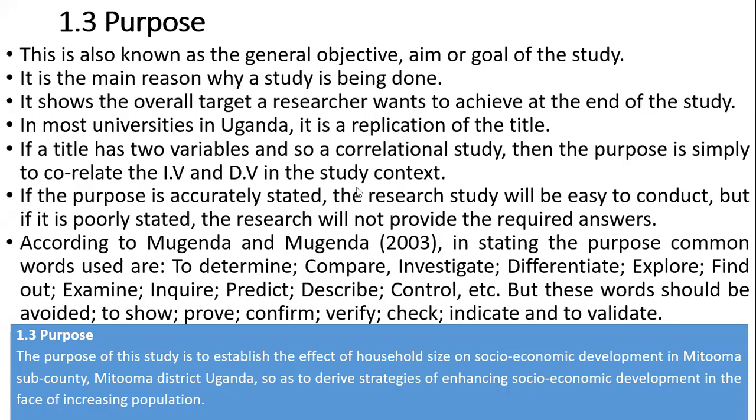In other words, if you have an accurate end in mind, a clear end you want to come up with, you find the study easy because you know where you want to go, where you want to reach. But if you are not very clear of what you want to come up with, the question you want to answer, then the study may fail to provide the answers you wanted.